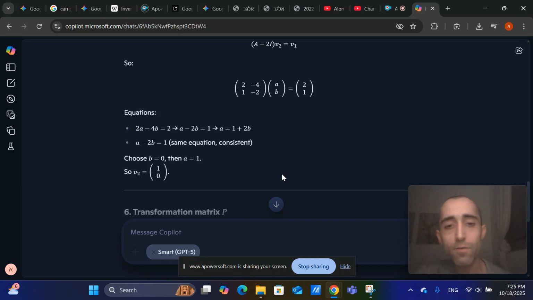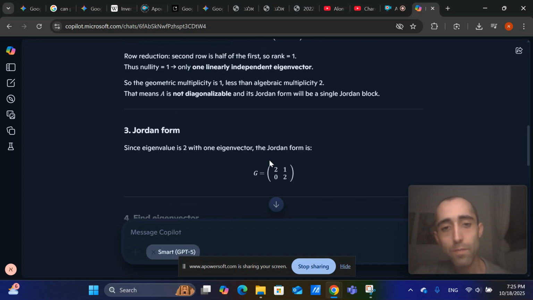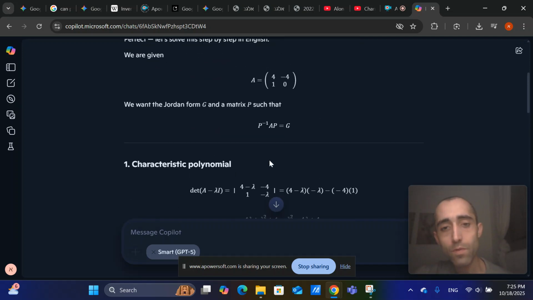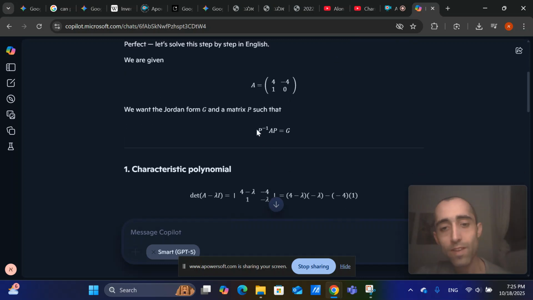So now we have v1 and v2. We will put them as the columns of the matrix P, and using this P, we will be able to do exactly this, to transform our matrix into its Jordan form.